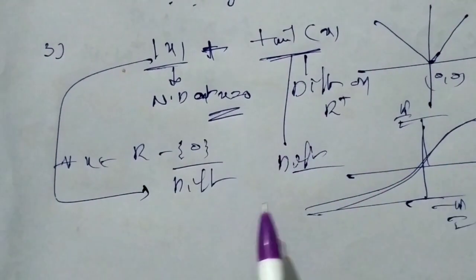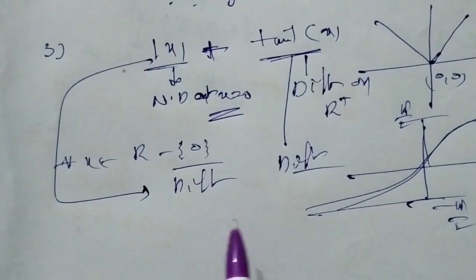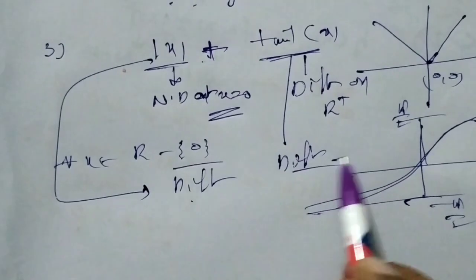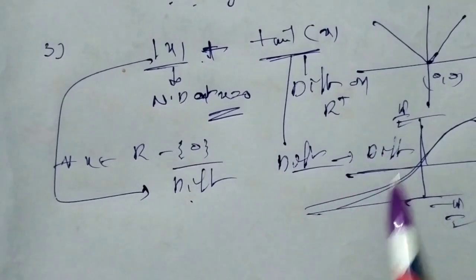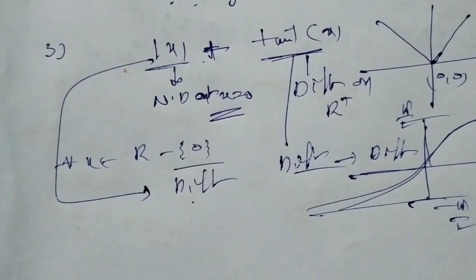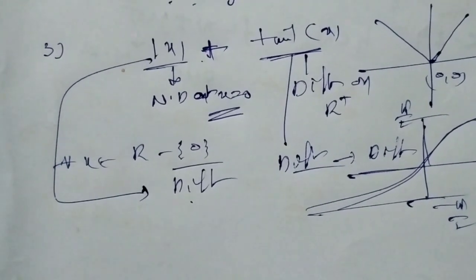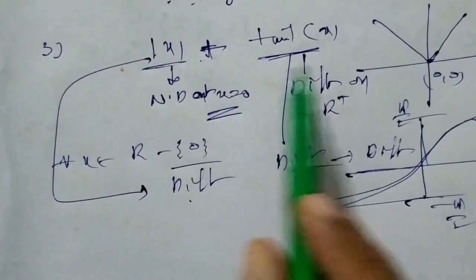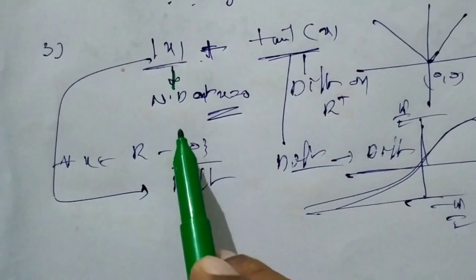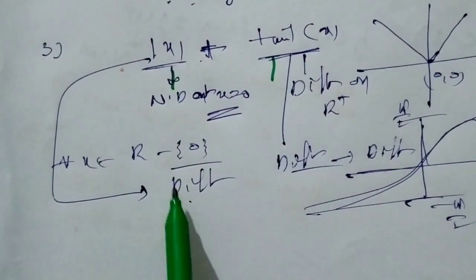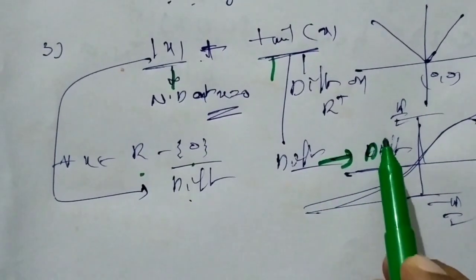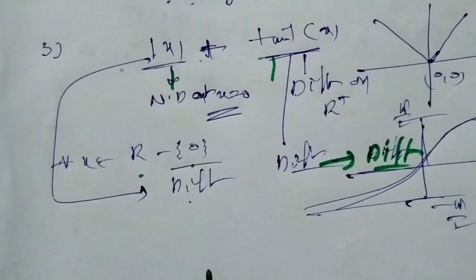Differentiable plus differentiable, the resulting function is also differentiable. So the resulting function mod x plus tan inverse of x is also differentiable on R minus 0.